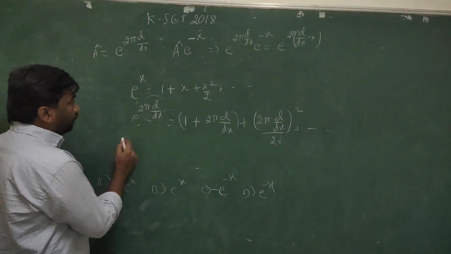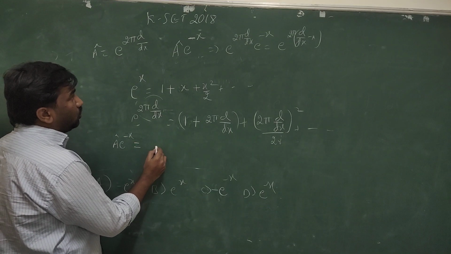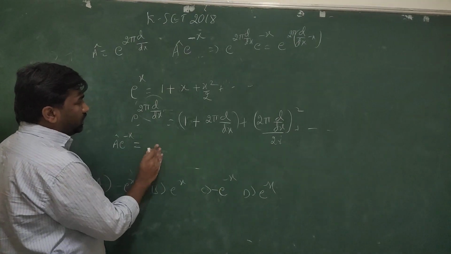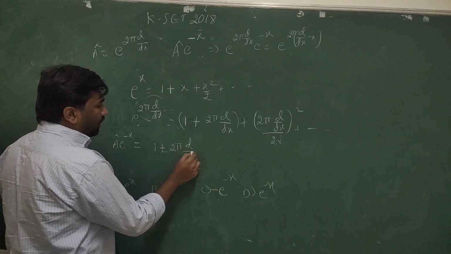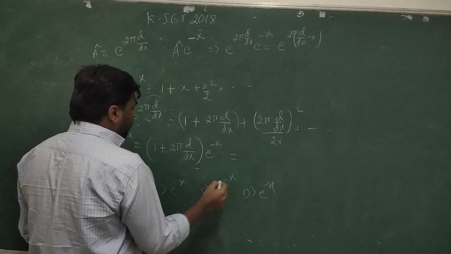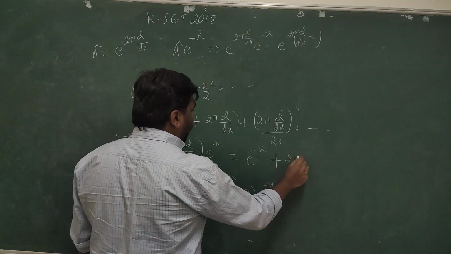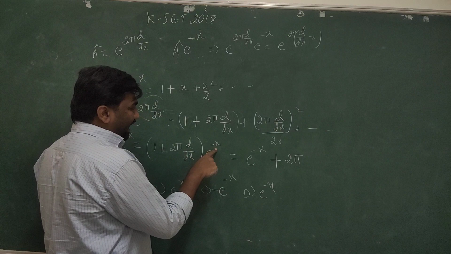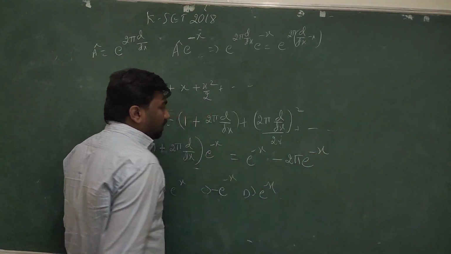Therefore A into e power minus x is equal to 1 plus 2 pi d by dx of e power minus x, which is equal to e power minus x plus 2 pi, and the differentiation of e power minus x is minus e power minus x.